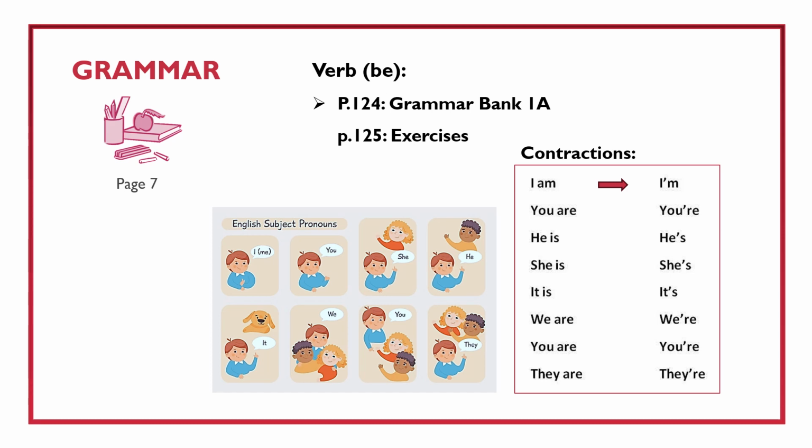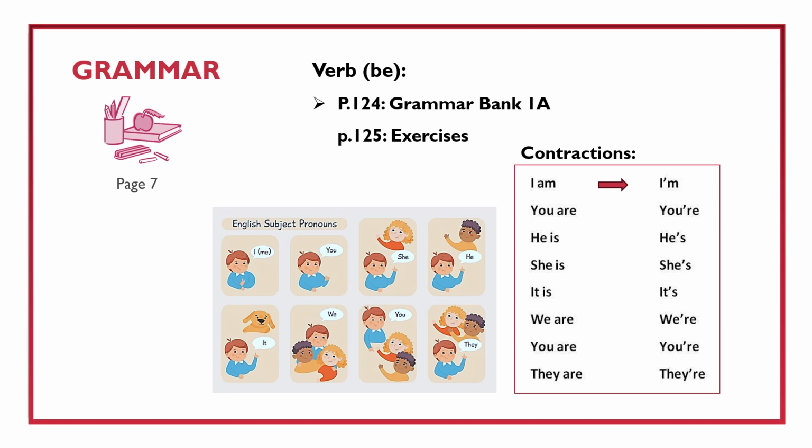So it doesn't matter if you are one person, more than one person, or even someone older than me that I have to respect. So saying you is not impolite. It's always okay to say you to anyone.